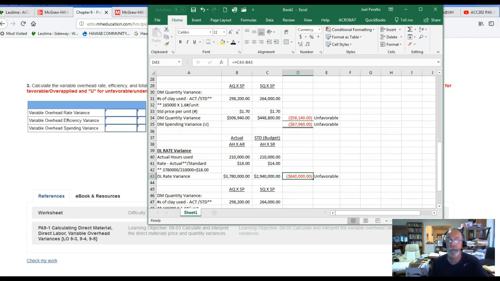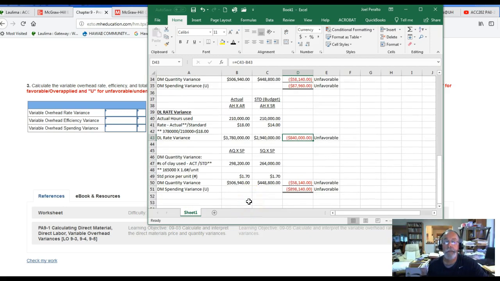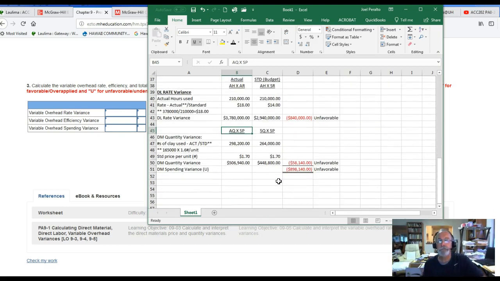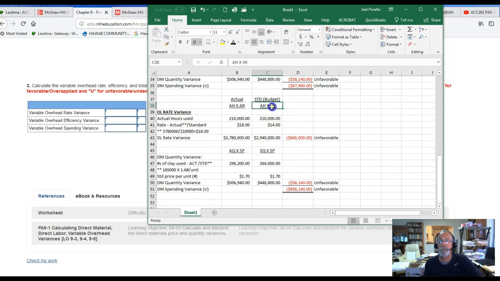Okay. Now for our labor efficiency. That's kind of like direct material quantity, except for labor we refer to that calculation as an efficiency calculation. So we compare actual hours times standard rate. We already have that here.